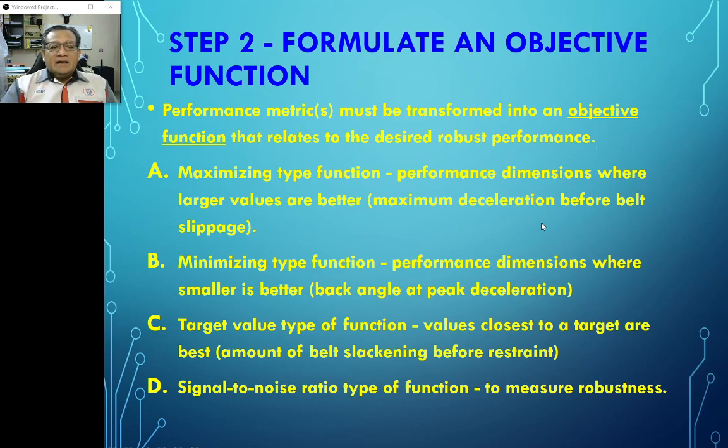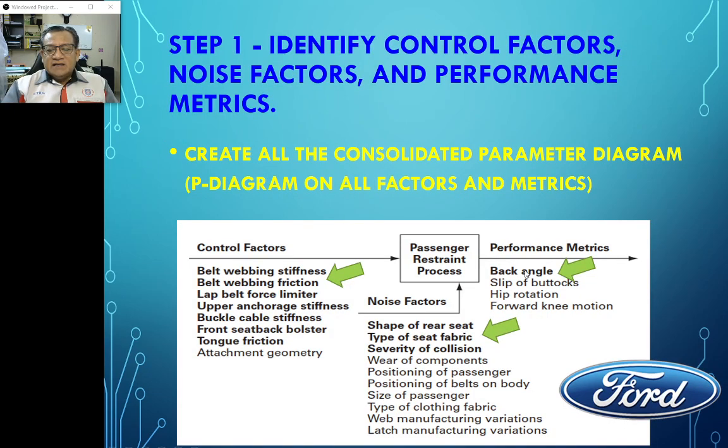There are a few types of objective function. One, type A, this objective function you want to maximize, to maximize the performance, perhaps the back angle.